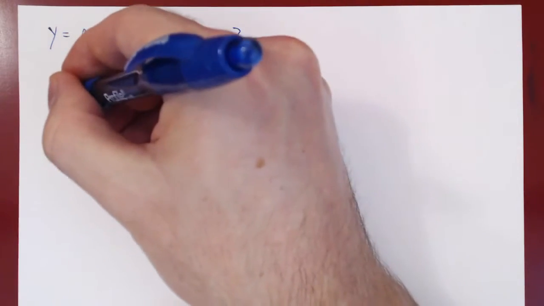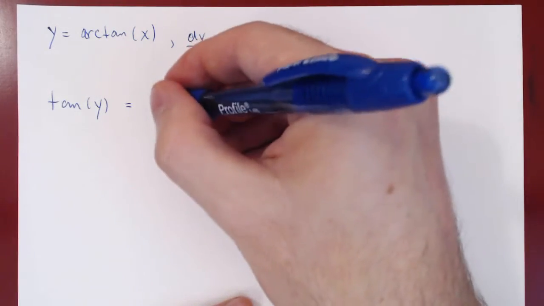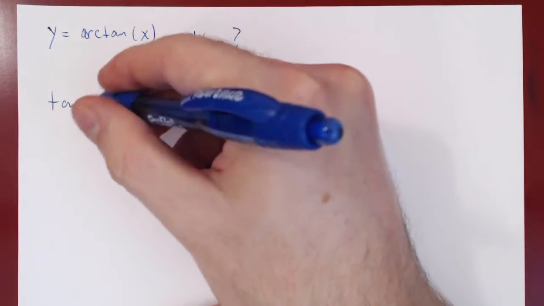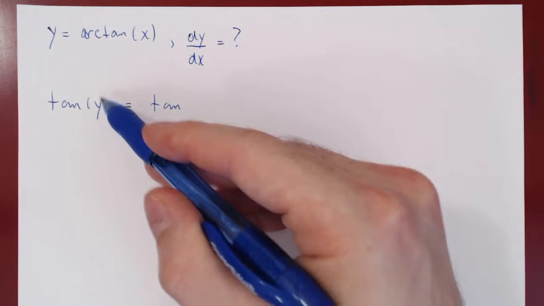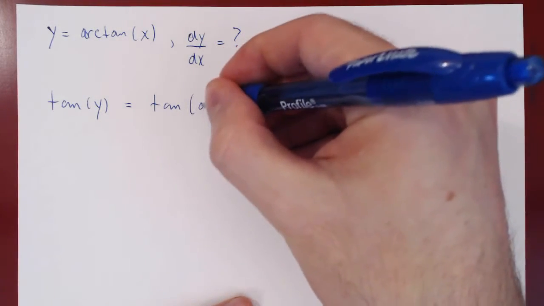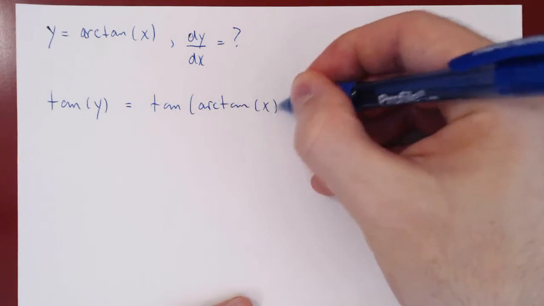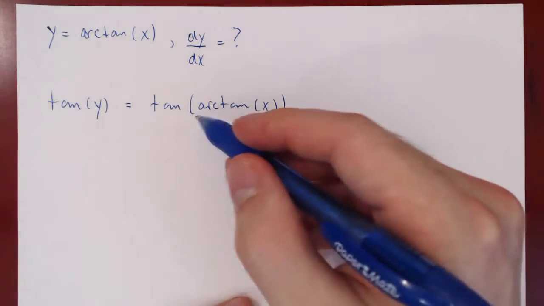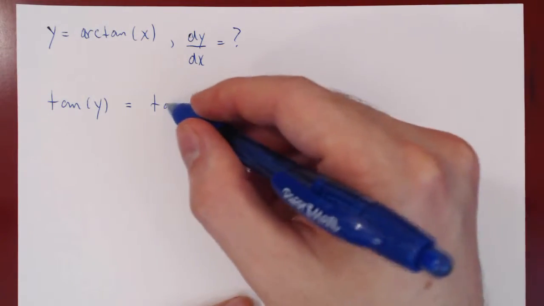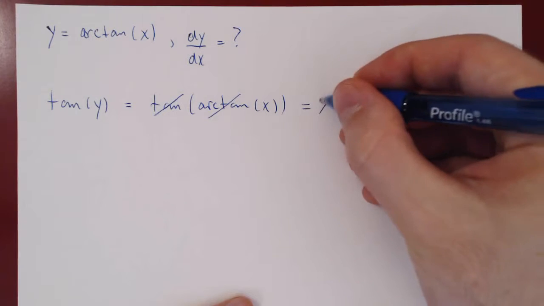So tangent of y will be equal to tangent, and now we replace y by arctangent of x. They're equal. But again, tangent is the inverse of arctangent, so if you compose the two, they cancel each other out, and we're left with quite simply x.